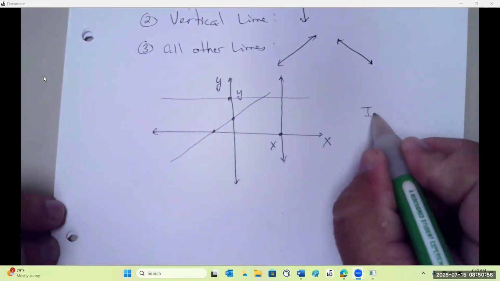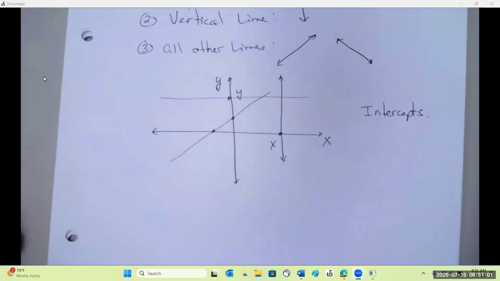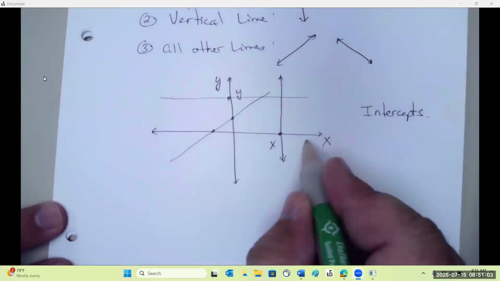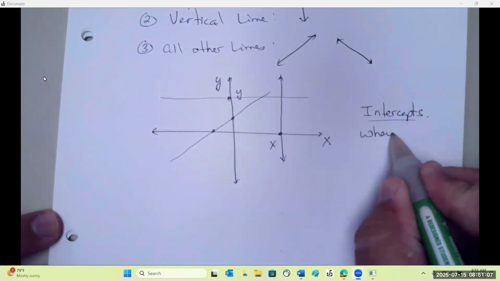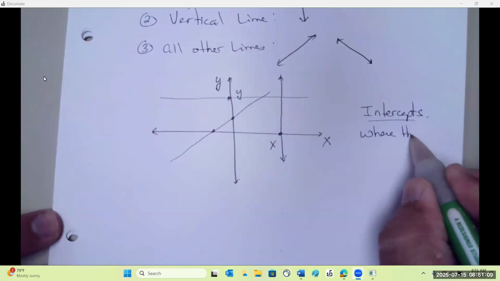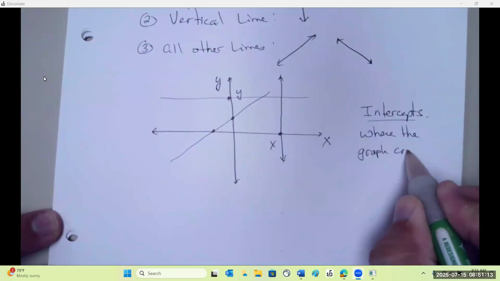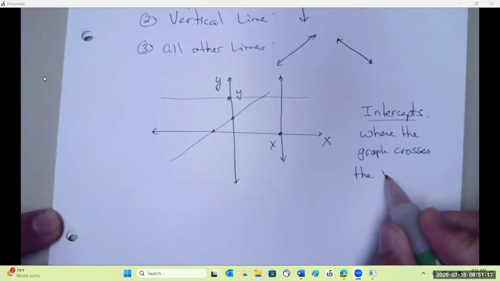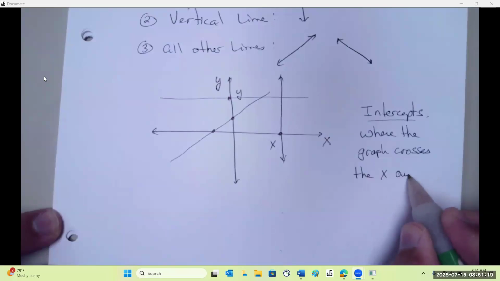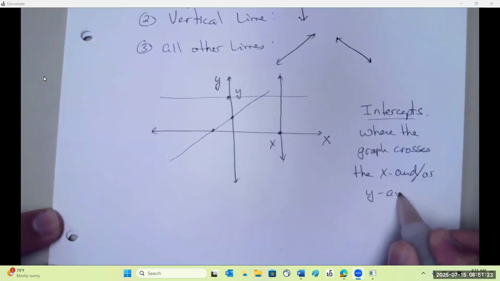These are called intercepts, where the graph crosses the X and or Y axis.